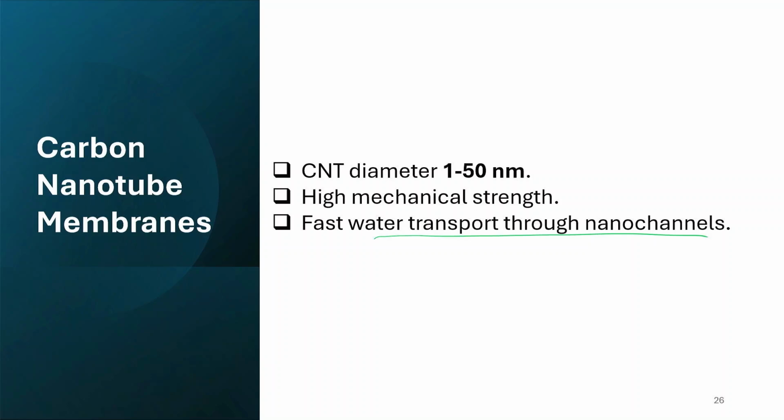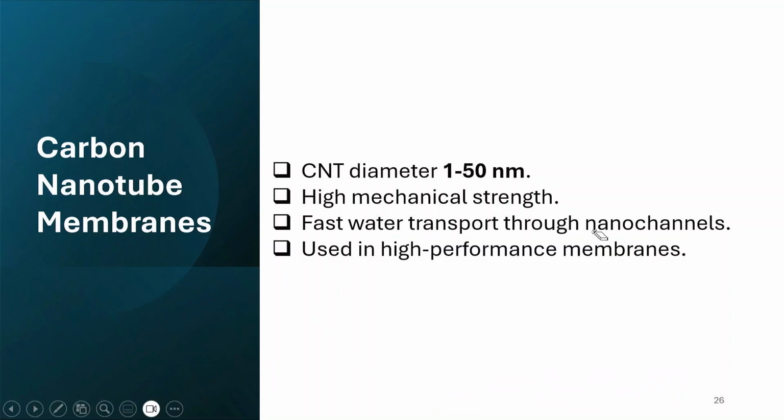So, it does not restrict the water flow, and we can use it as a high performance membrane. We have studied carbon nanotubes or carbon nanorods, and carbon nanotube is widely used for textile material.